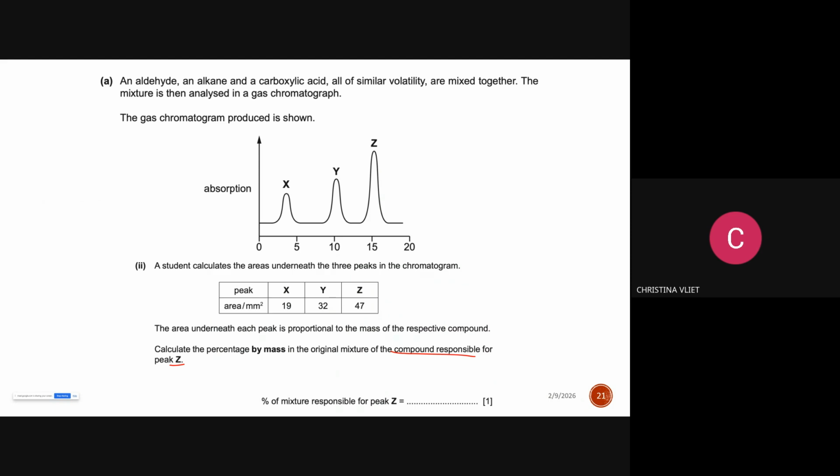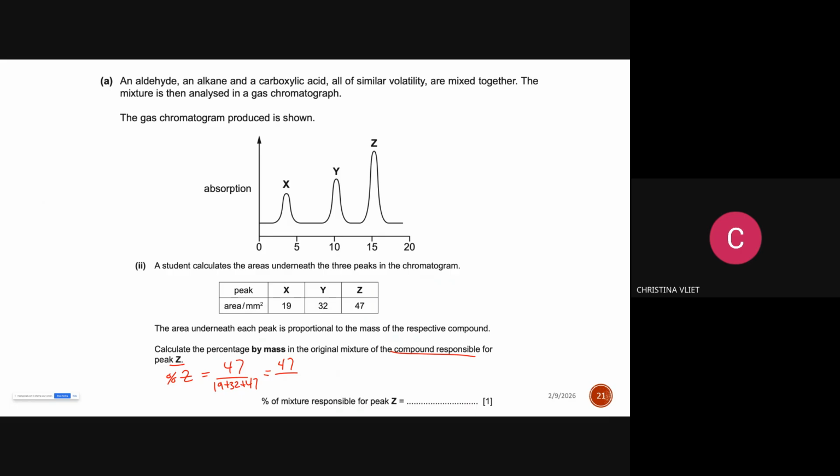So we need that percent composition. Go ahead. 47 divided by 19 plus 32 plus 47. So the percent of Z would be 47 at the top, because that's the one I'm looking for. And then just add the three areas on the bottom, which is 19 plus 32 plus 47, so 47 divided by what number?